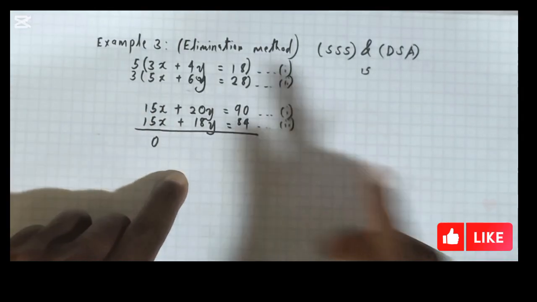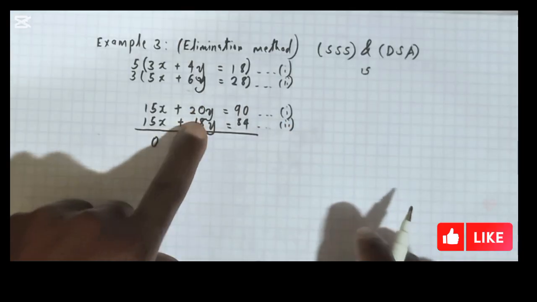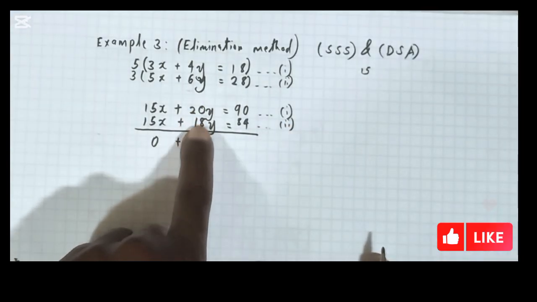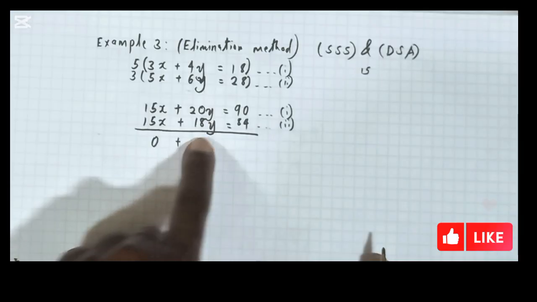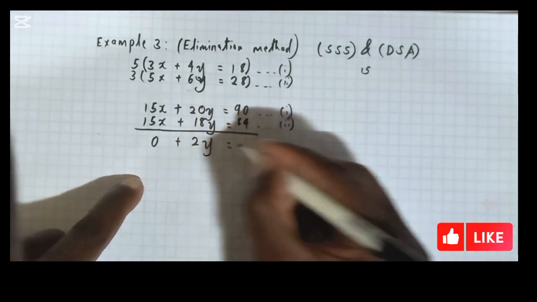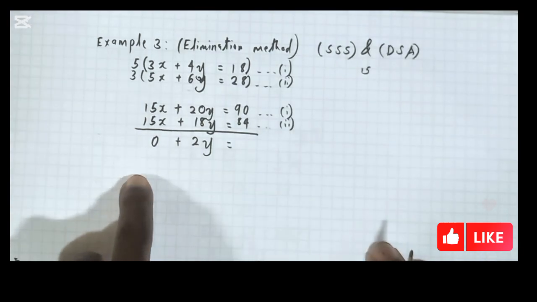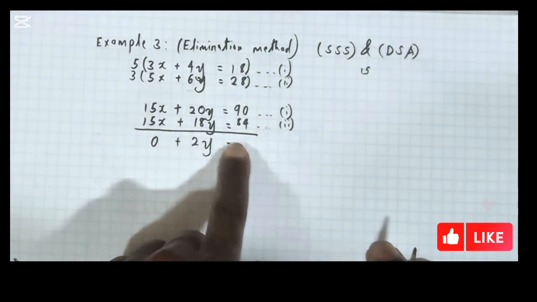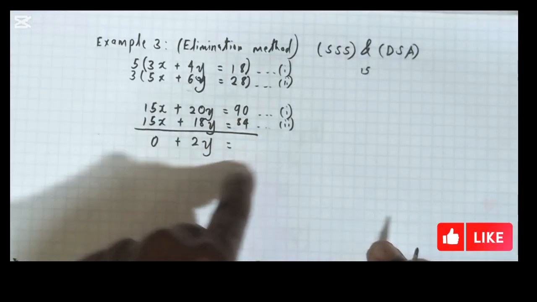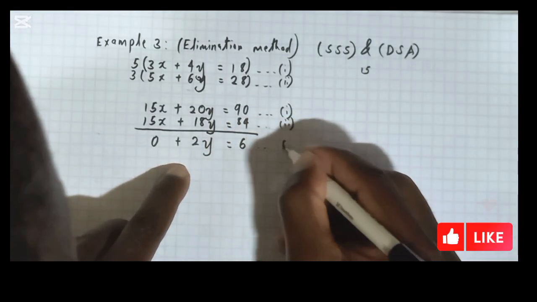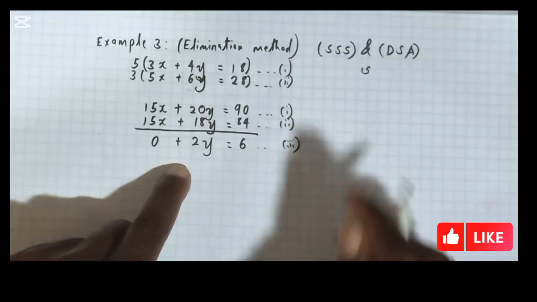Then we take 20y minus 18y, and that will give us 2y. For the last part, we take 90 minus 84, and that will give us 6.